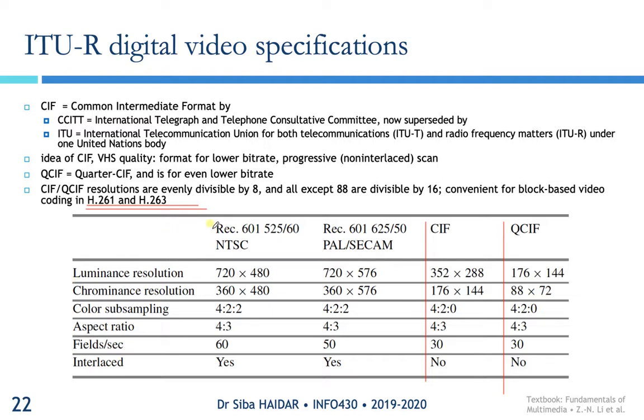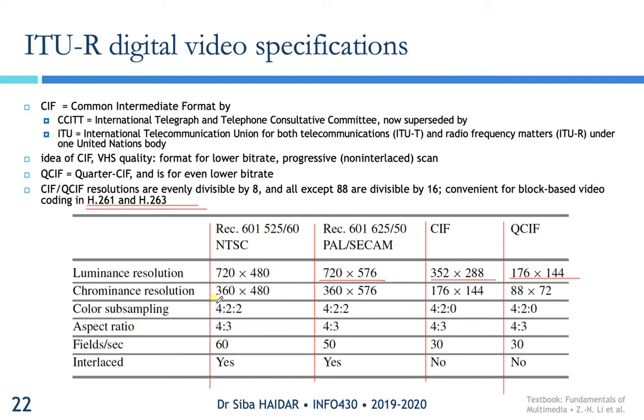Okay, let us read this table, and we will retain it. For the luminance in the NTSC, we had 720 times 480. You see the numbers changed in the digital video format. For the PAL SECAM, we have the same width but a higher number of lines. For the CIF, you see that the resolution, width per height, is less, and a quarter for the QCIF.